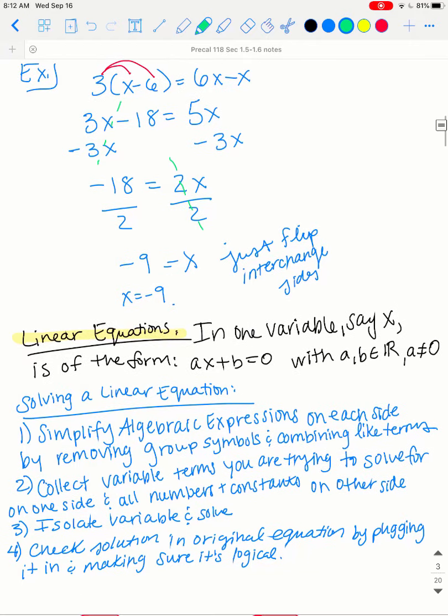In our example above, removing the grouping symbols would be distributing 3 to the algebraic expression in the parentheses, and combining like terms is subtracting x from 6x. Then we collect the variable terms we are trying to solve for on one side and all numbers and constants on the other side. That was when we moved 3x over. So here's step 1, this is step 2, step 3.